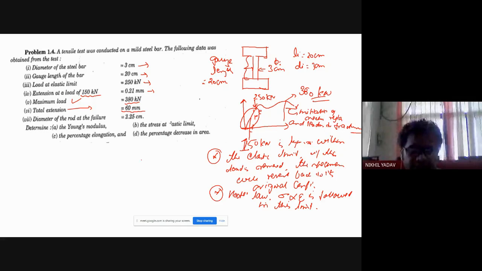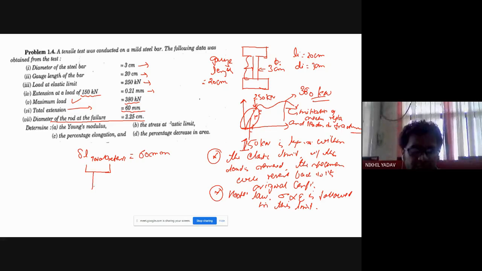So we find that delta L, the total extension, is 60 mm. And the diameter of the rod at the failure is 2.25 centimeter.